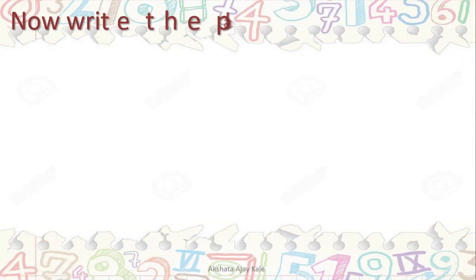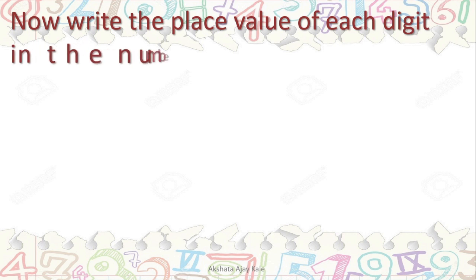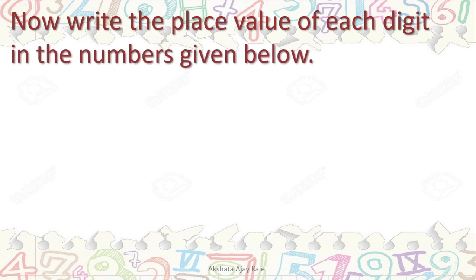Now write the place value of each digit in the numbers given below. This we have done in the last lecture. Again we will go through by using 2 to 3 sums. The number is 27.